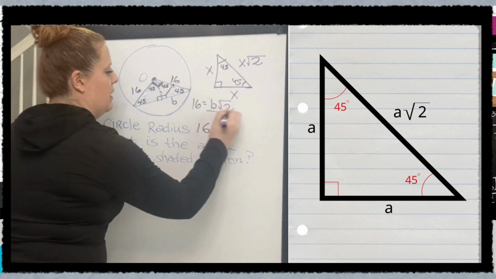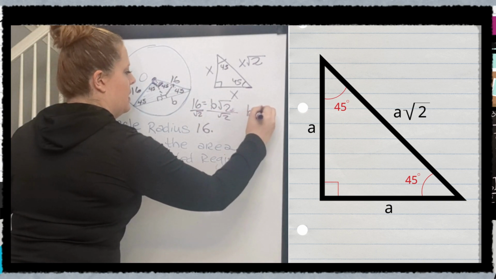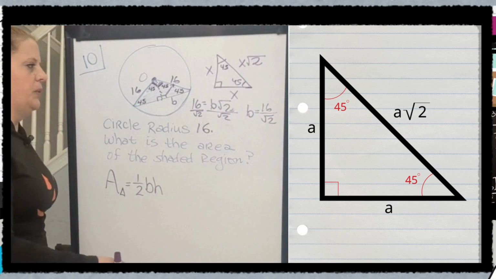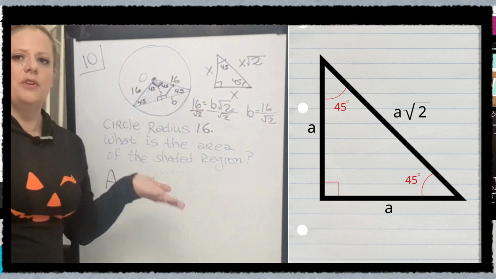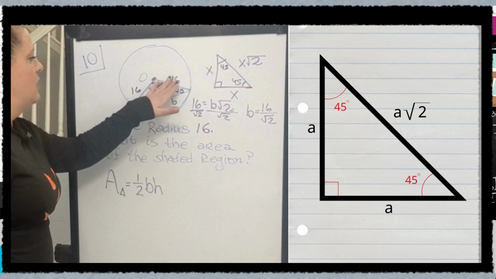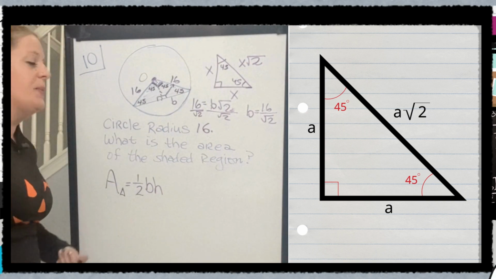Solving for B, B is equal to 16 over square root of 2. So it's a little backwards from how we wrote it up there, but that's because what we were given was the hypotenuse, and so it already had that square root of 2 rolled into it.